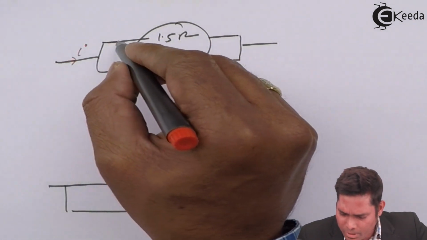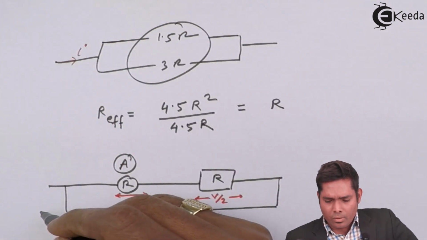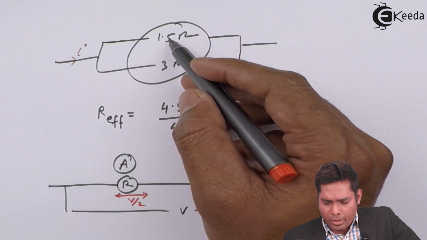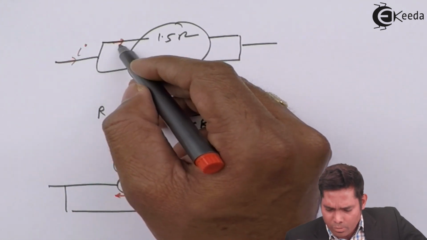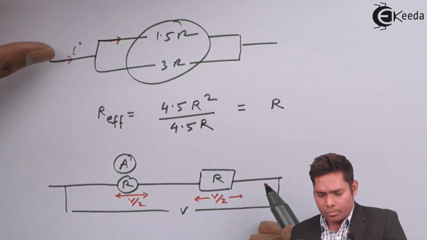How much current will flow through this one? Current flowing through this branch will be, let me draw here and solve this for you.